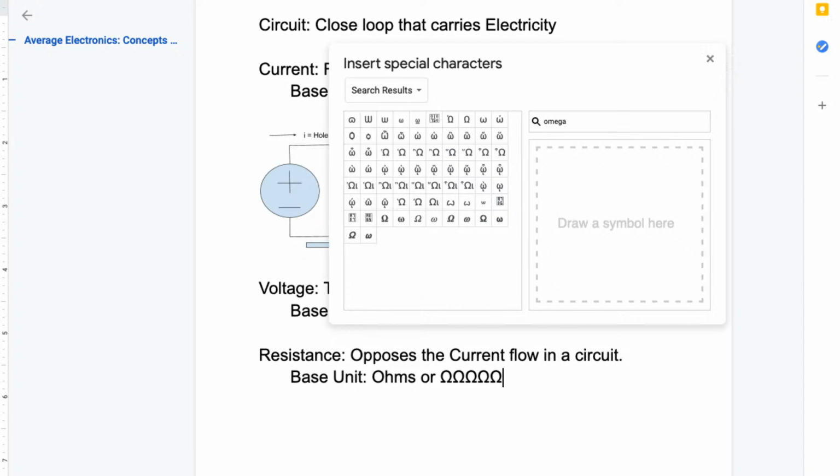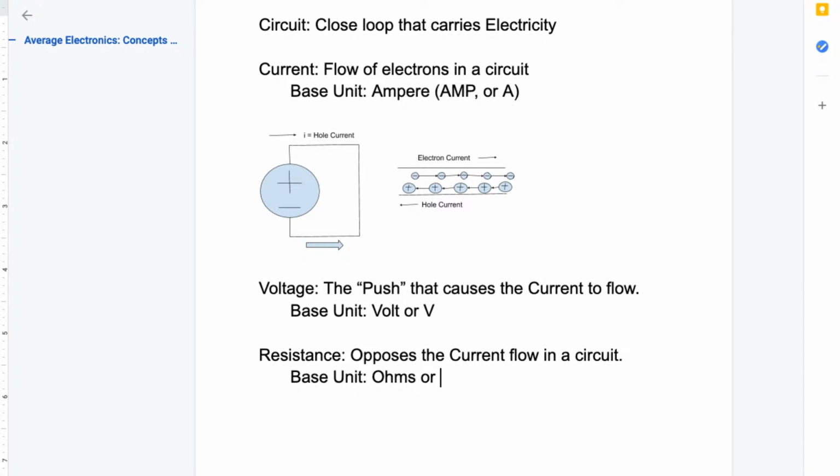And so your base unit for resistance is measured in ohms, or a capital omega, which is a Greek letter, if you're unaware.